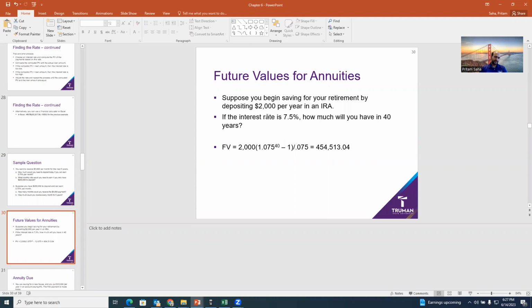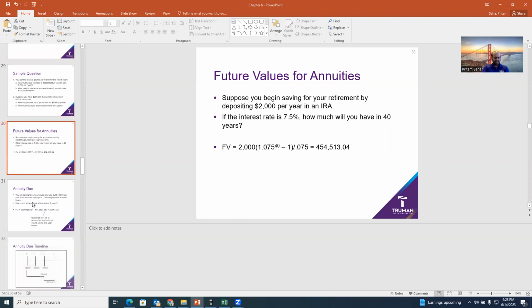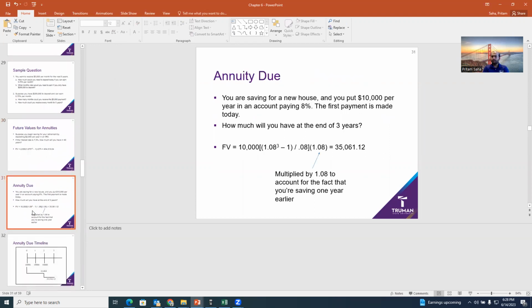So for what we did, ordinary annuity, and I told you if nothing is mentioned, assume ordinary annuity. What if we need to do annuity due? You can think of this as a problem of annuity due. You are saving for a new house, 10,000 per year that earns 8%.